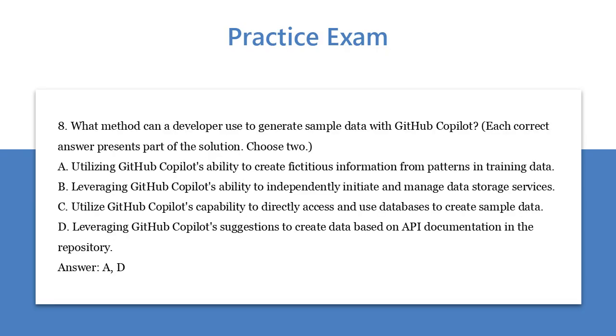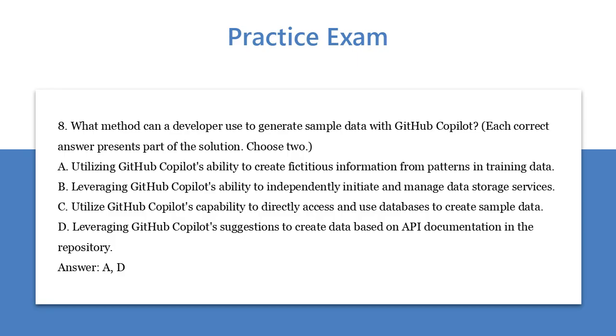8. What method can a developer use to generate sample data with GitHub Copilot? Each correct answer presents part of the solution. Choose 2. A. Utilizing GitHub Copilot's ability to create fictitious information from patterns in training data.